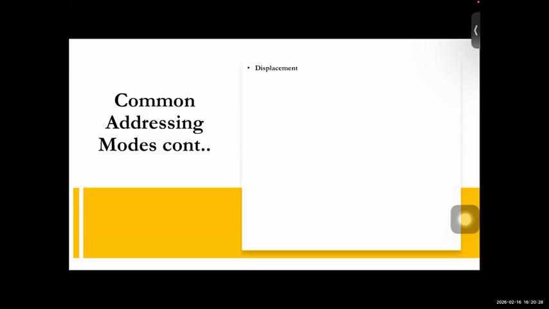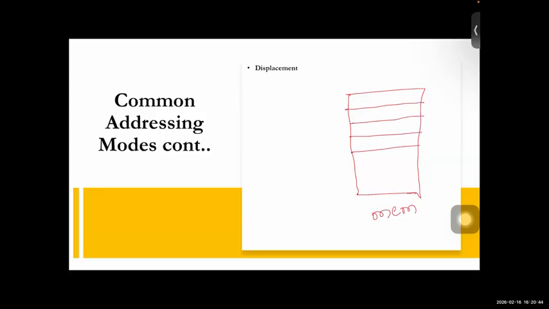For example, when the program is stored in the main memory, that main memory is a collection of blocks of memory, right? Each block is identified by its address. The address of the first block is known as the base address.